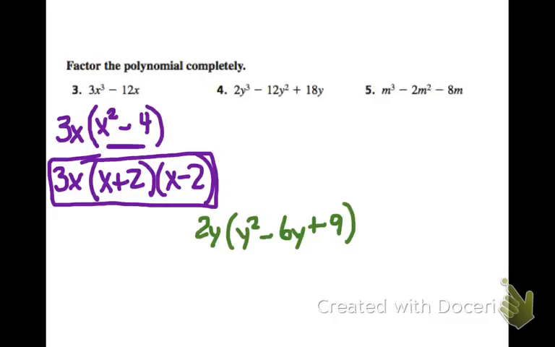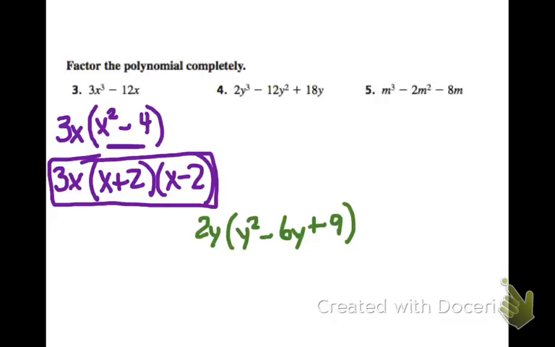Whenever my constant term is a square, I could always look to see if there is a pattern. And remember, the pattern was that the middle term was minus 2ab. So if I could take that middle term and divide it by 2, and it is one of the factors of the square, then I know that I have a pattern. So the square root of 9 is 3, and to be positive, it is either both positive or both negative.